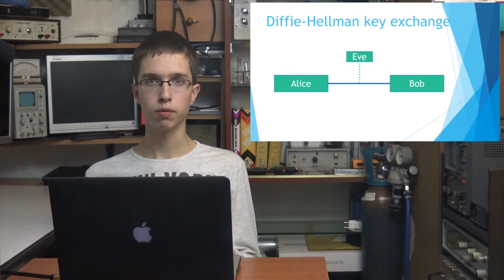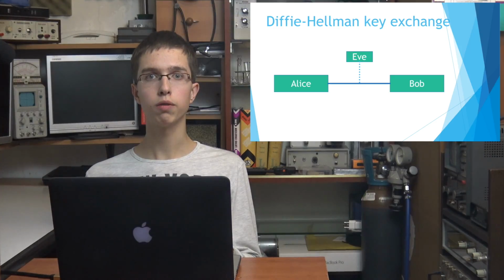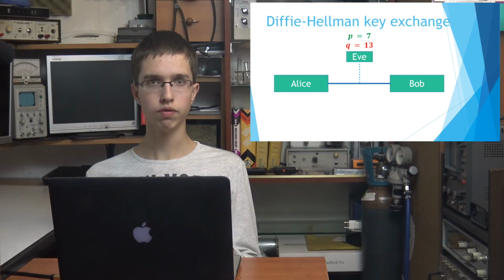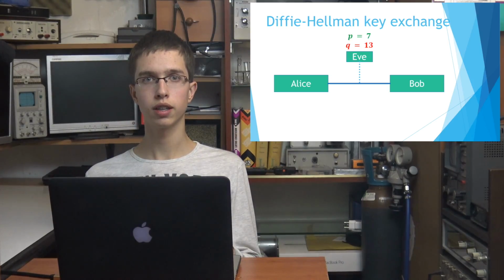The first example we have here of a modern algorithm is the Diffie-Hellman key exchange. Firstly, Alice and Bob have to agree on two numbers, prime number p and prime modulus q. Take p equal to 7 and q equal to 13. These are published publicly so that anyone, like Eve and also Alice and Bob, can get them.